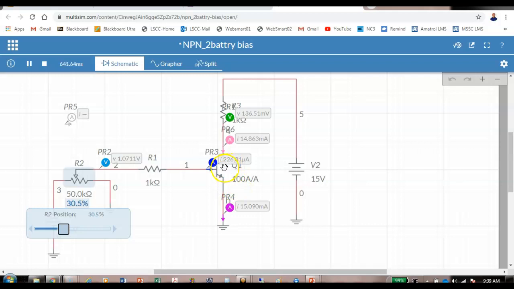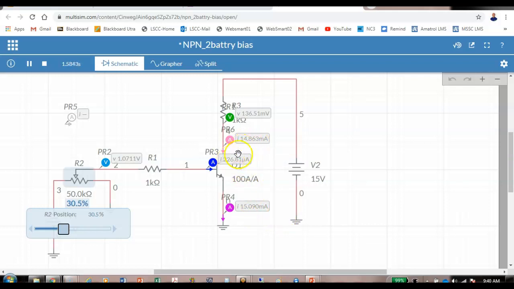So right now I'm putting in 226.8 microamps of base current, and I'm getting 15.09 milliamps of current in my collector, and in my emitter I'm getting 14.86.